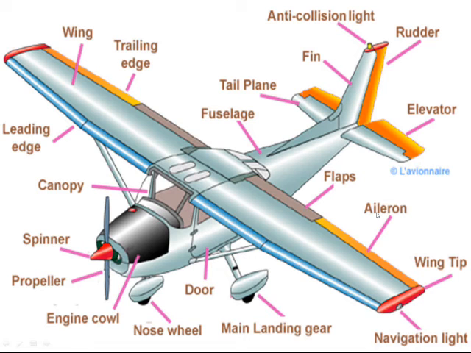The aileron is fixed in the trailing edge of the wing near the wingtip to serve as control of the aircraft along the x-axis or longitudinal axis. The aileron is rigged in such a way that when one wing is pulled up, the other wing is pulled down.